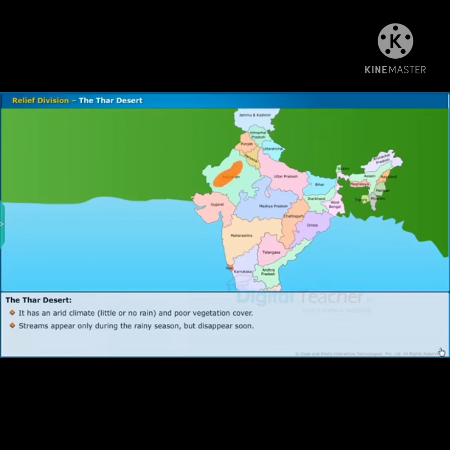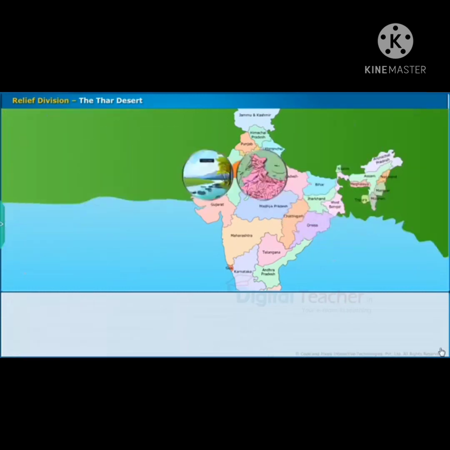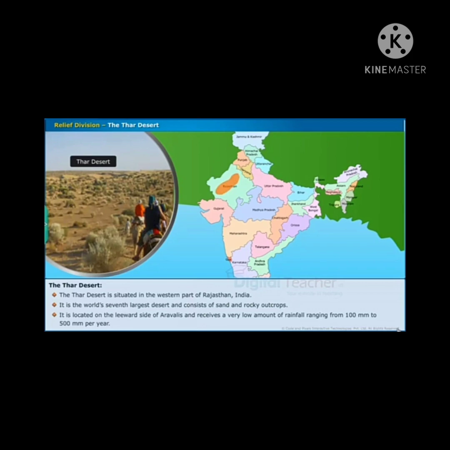Streams appear during rainy season and disappear soon after. Luni is the only river flowing in this area. These rivers are the internal drainage rivers which flow into lakes but do not reach the sea.